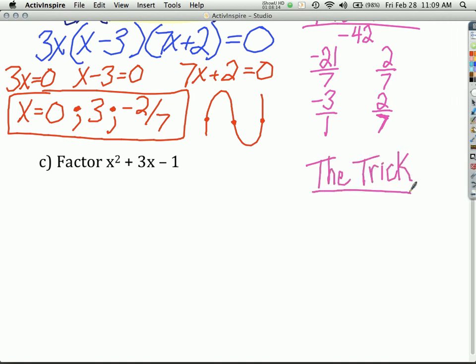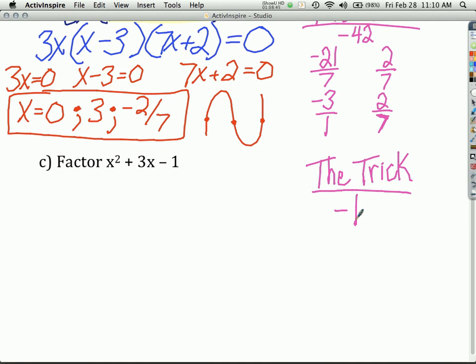Multiply A times C. A times C is -1. I need 2 factors of -1 that add to 3. It's already factored.